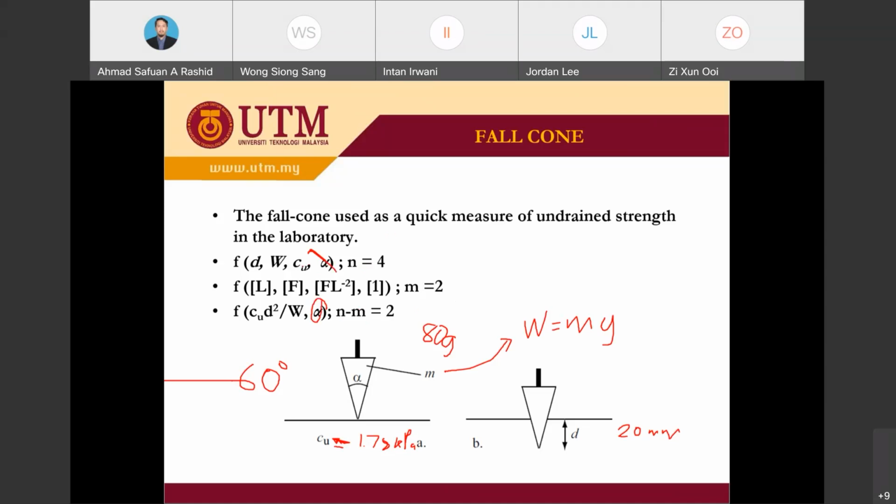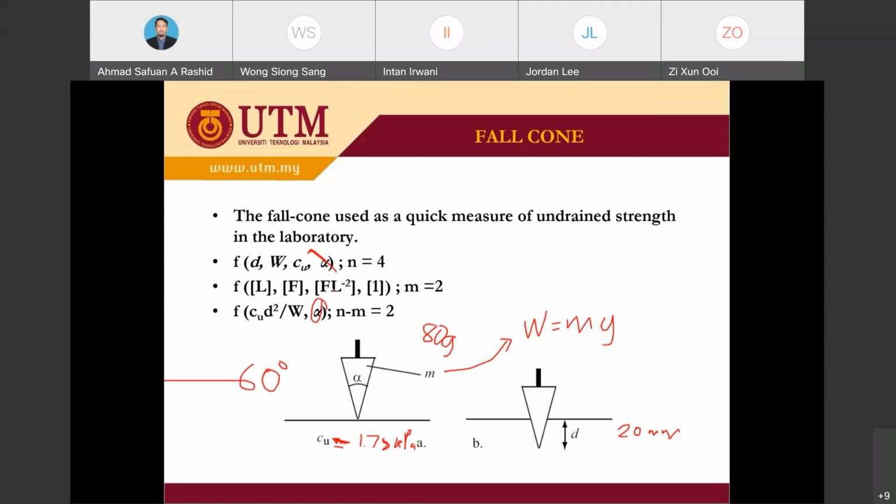And from this equation, we need to use all of the parameters. So Cu in kilonewton per meter square, times d square, so it becomes kilonewton, over W, so it becomes dimensionless.